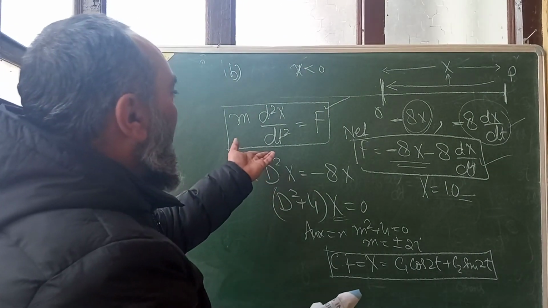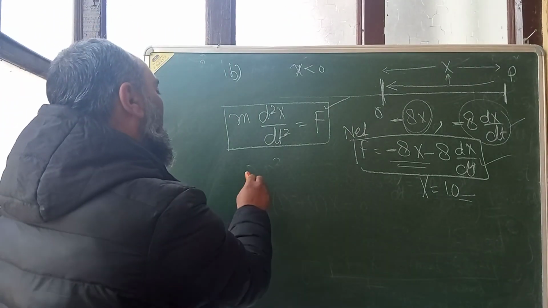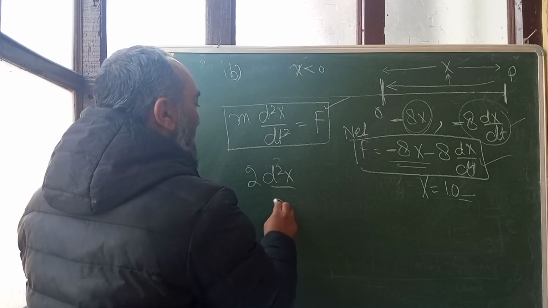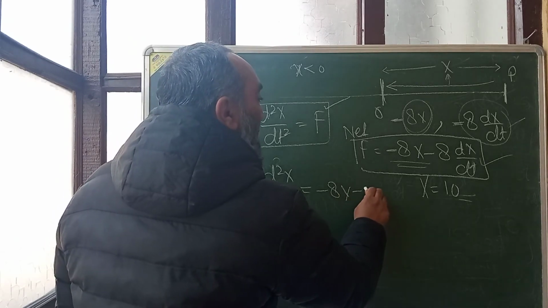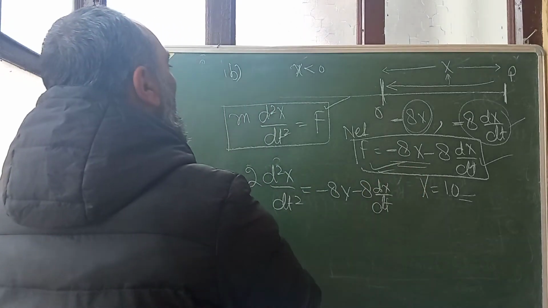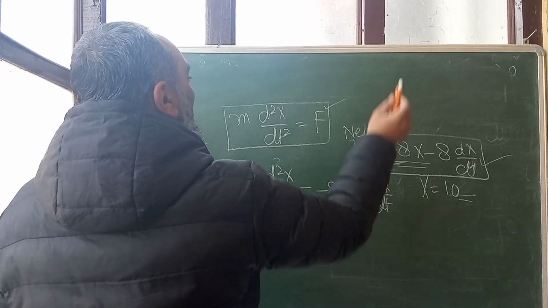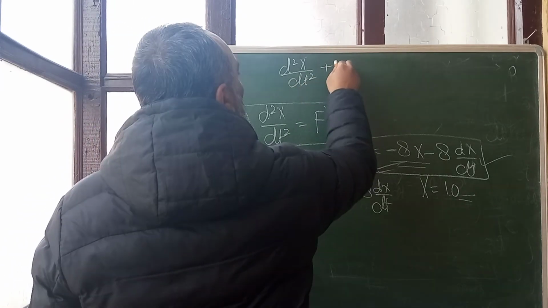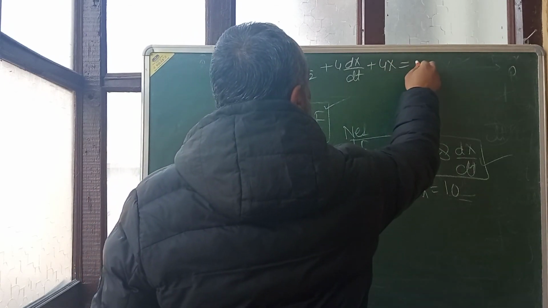So by Newton's law, what will be the differential equation? Mass into acceleration is equal to net force, minus 8x minus 8 dx by dt. Or 2 d square x by dt square plus 4 dx by dt plus 4x is equal to 0.